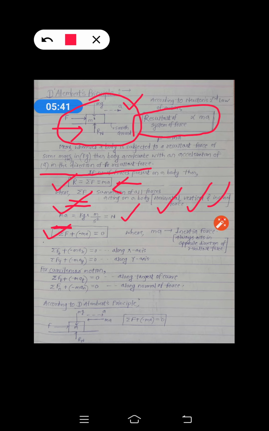So if you see this equation, what is the sign for ma? Negative. This negative sign indicates the direction of ma, that is inertia force, is opposite to the resultant or summation of all the forces acting on the body.